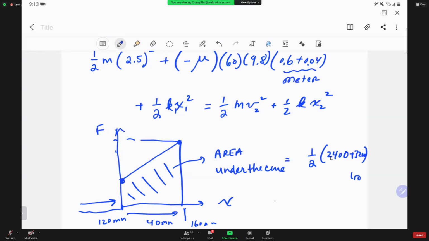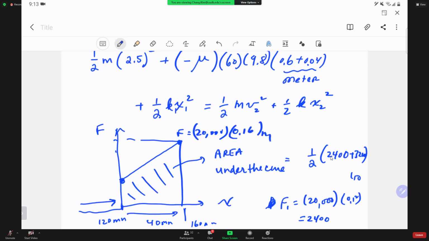The force at 1 is k, 20,000 times 0.12, which will give you 2400. Then you can do the same thing. The force here is the 20,000 spring constant times the displacement, which is 0.16 meters.